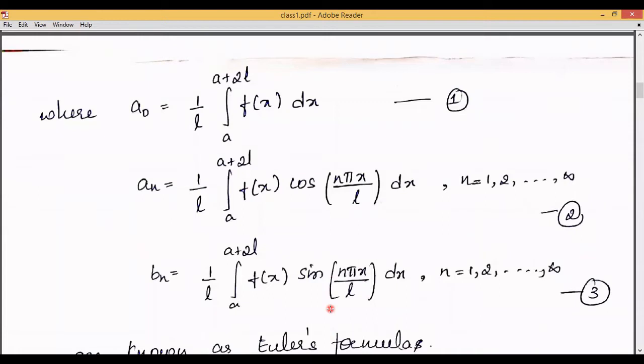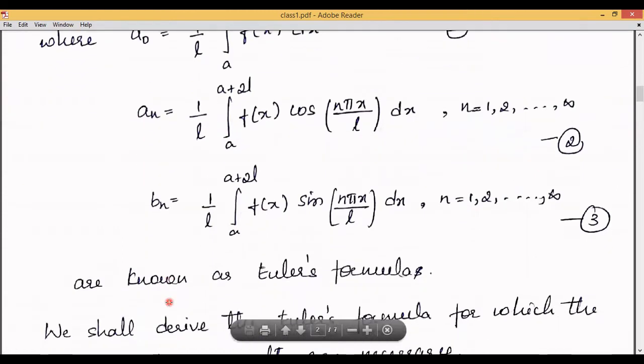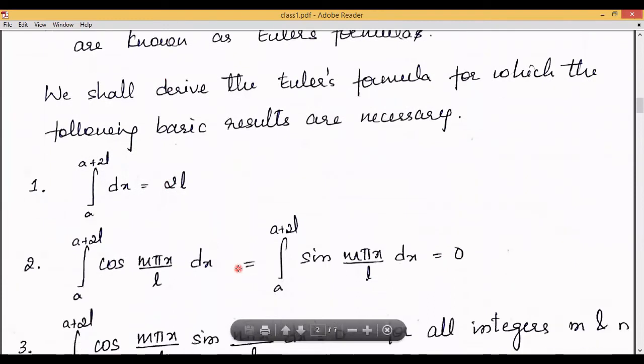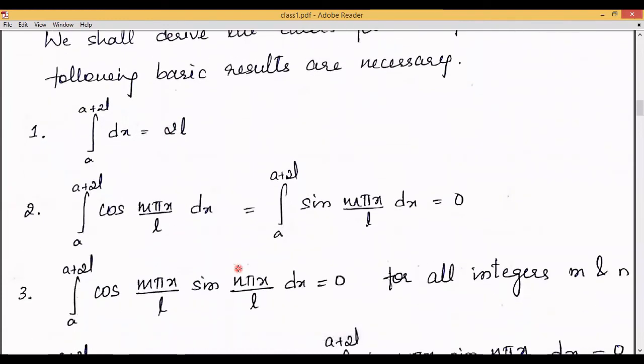In this class, we'll be deriving Euler's formulas. That is, we'll be deriving how you got a naught, a n, and b n. Before starting with Euler's formulas, we need some basic results, which are very necessary to derive them.